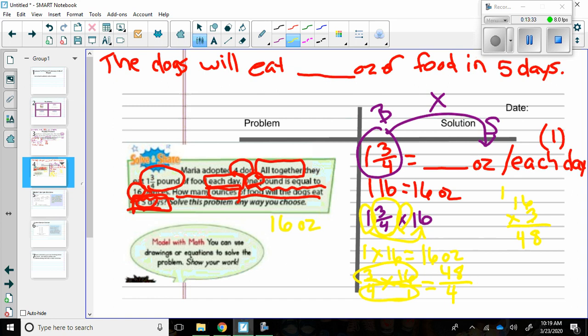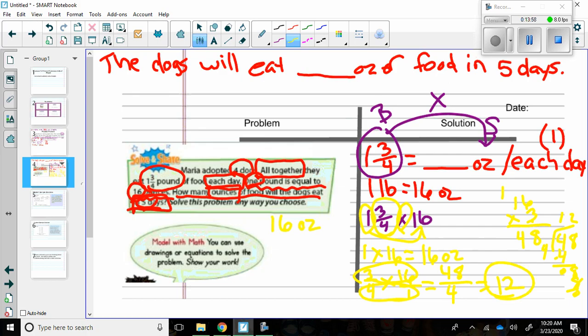And I'll do it here anyway, 48 divided by 4, 2 times 4 is 8, equals 12. So the first pound of dog food was 16 ounces.